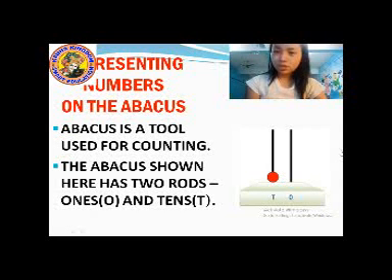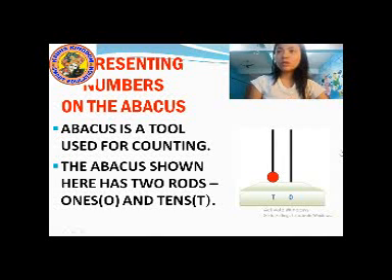The abacus shown in this picture has 2 rods, ones and tens.